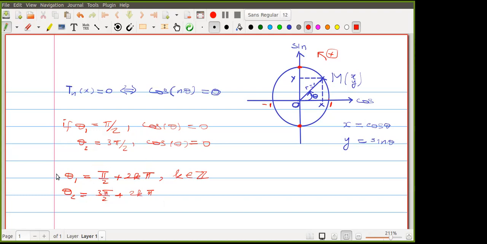So we can combine these two into a simple angle, which I will call just theta. If I combine the two, what will be that angle? It will be (2k plus 1) times pi by 2.